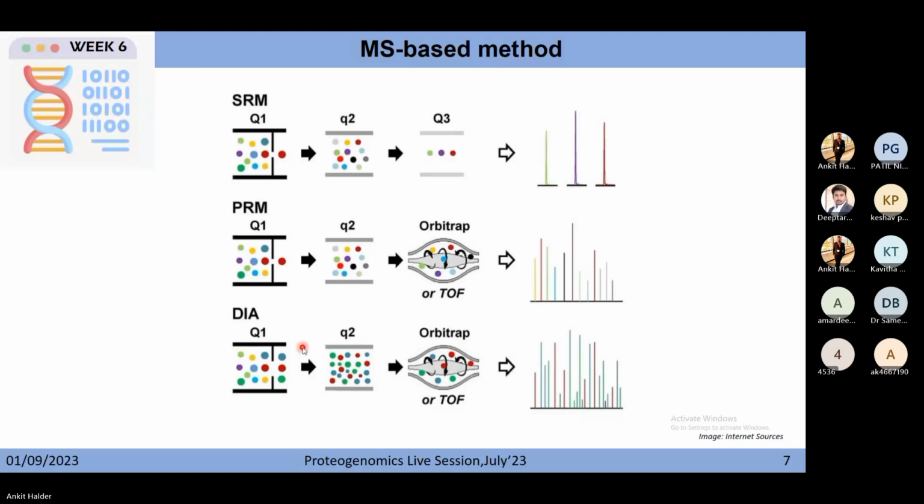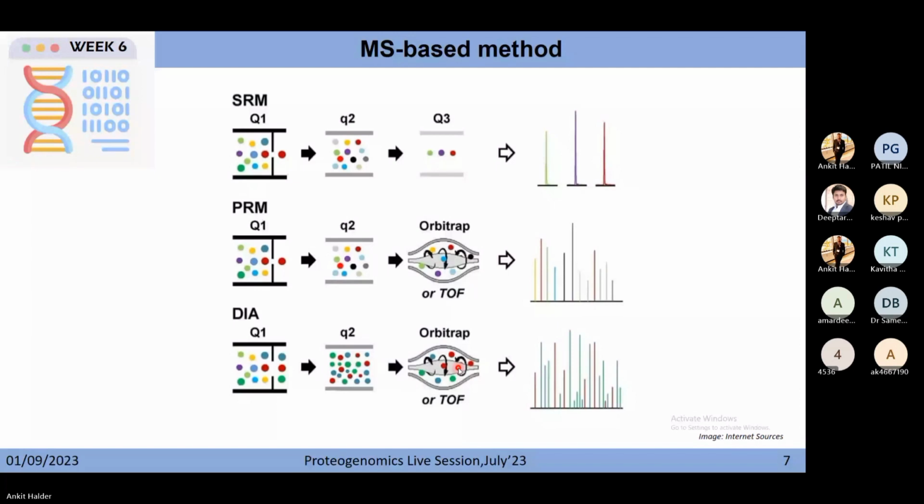In global proteomics, I don't remember if I have discussed this or not, there are two methods: one is the data dependent acquisition method, and another is the data independent acquisition method. If in the orbitrap you detect only the top n abundant precursors, then it is a DDA method, and if you allow all the precursors to be monitored, that is data independent acquisition.